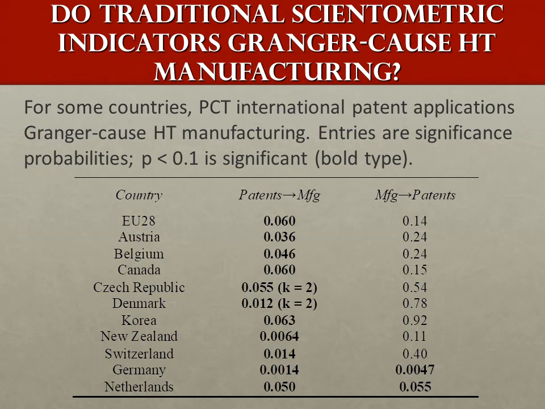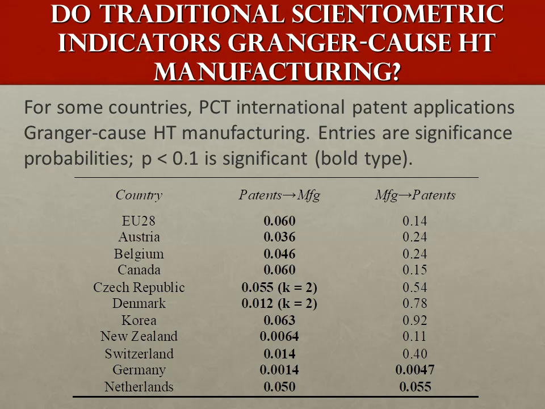Patents in the first column, patents do Granger cause manufacturing in all of those countries on the left, European Union as a whole, all the way down to the Netherlands. So that's reassuring. Of course, the OECD countries that are not on this list did not have significant results.